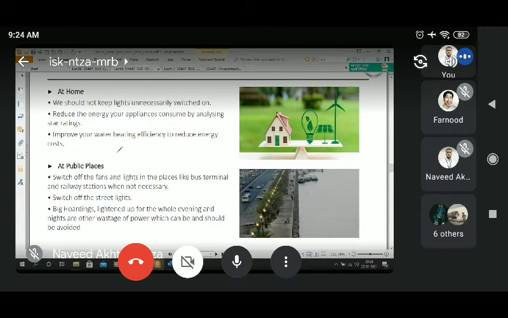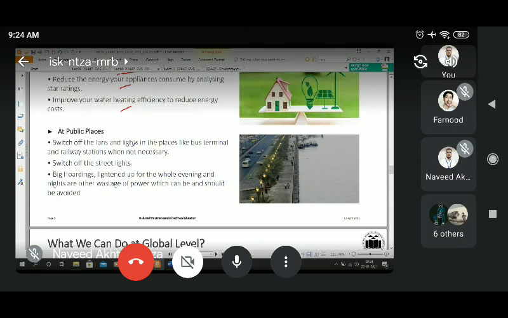We should not keep lights unnecessarily switched on at home. Reduce the energy your appliances consume with the star ratings coming with the electronic materials nowadays. Also, you can improve your water heating efficiency by using the solar system.